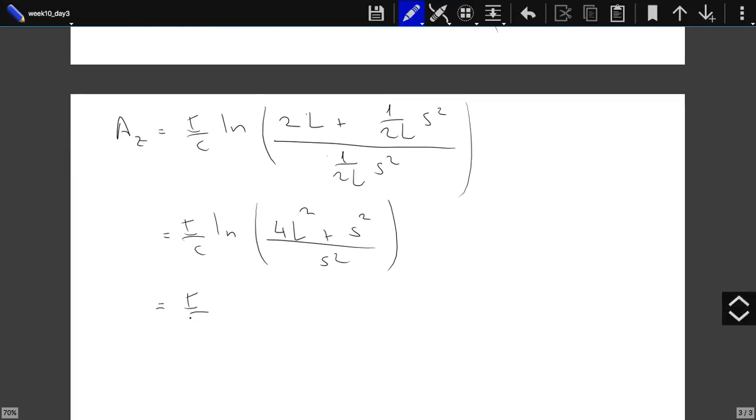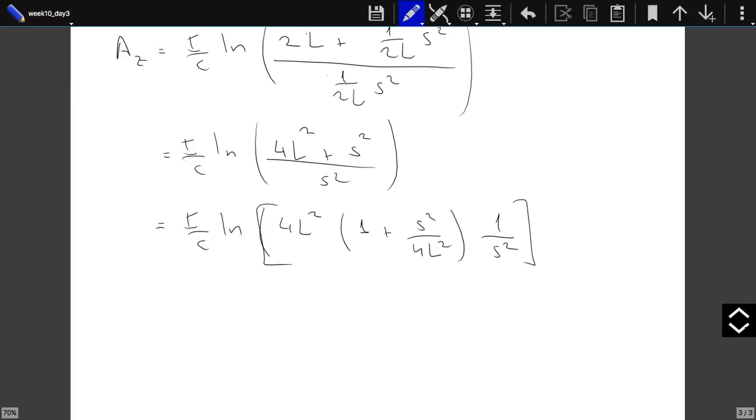This is I over C times the logarithm of 4L squared times 1 plus S squared over 4L squared, times 1 over S squared. Well, to be formally correct, let me introduce some other length scale in my problem. It's kind of arbitrary.